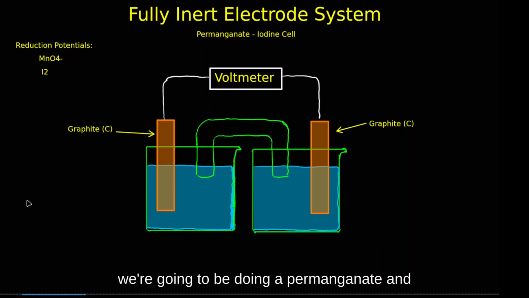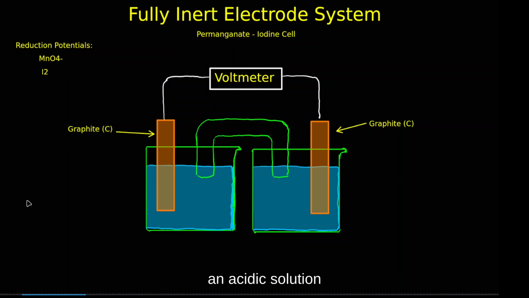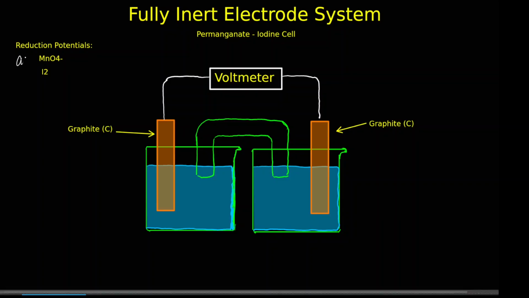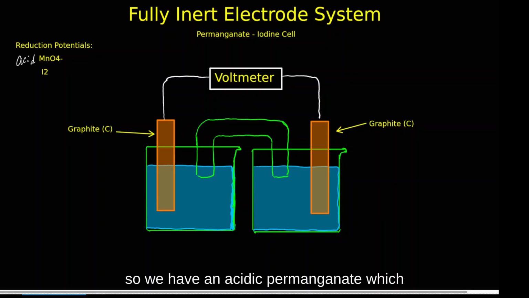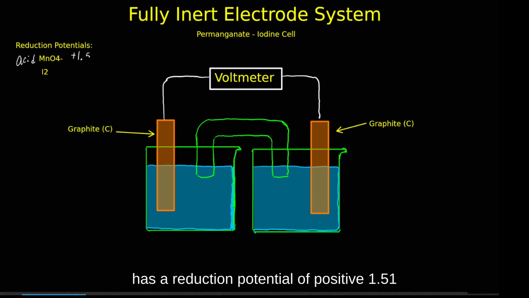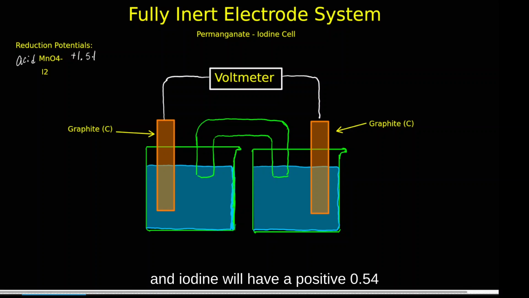We're going to be doing a permanganate in an acidic solution. So we're going to have an acidic permanganate, which has a reduction potential of positive 1.51, and iodine will have a positive 0.54.